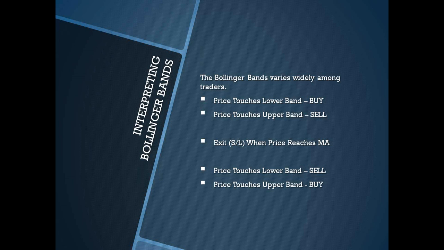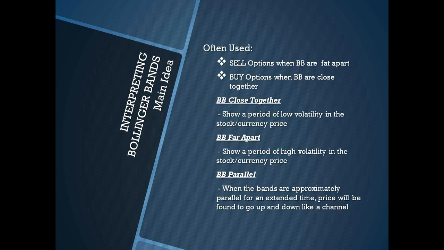Also, we have other ways to do that. Some traders think that it's best that when price touches the lower band you sell. Sometimes they expect to sell, and when price touches the upper band you buy. We will learn exactly how to manipulate that later on to understand better what would be the best strategy to use.